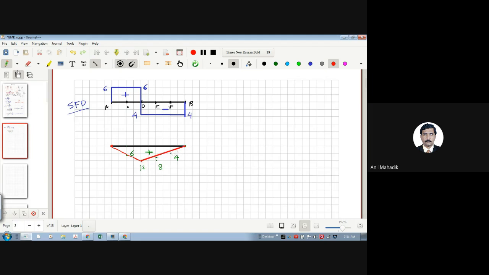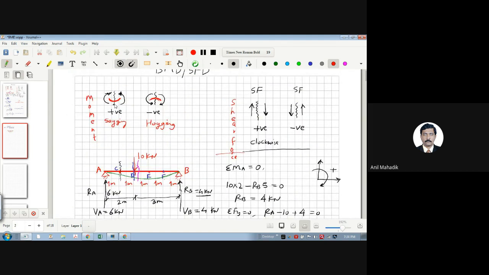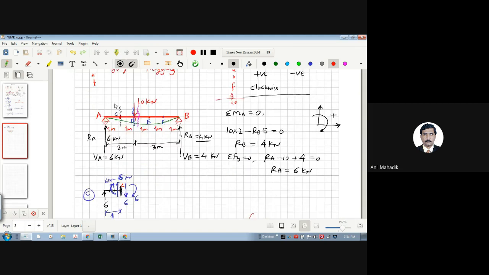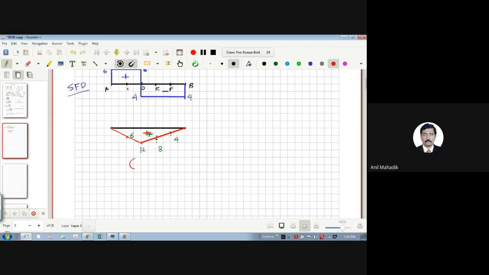Did you understand? The values at this point: this is 4, this is 8, this one is 4, this one is 12, this one is 6. And this is your positive. Whenever the moment is positive, as shown here, it means sagging, yes or no? So this is my sagging bending moment. The sagging meaning is like this, and the values came like this. So this is your positive value.